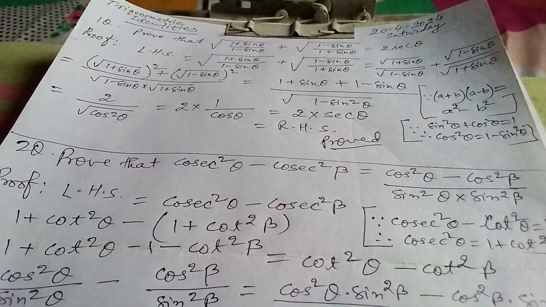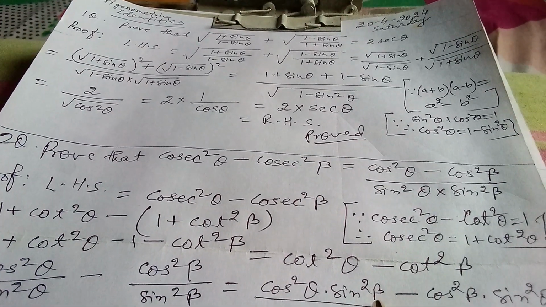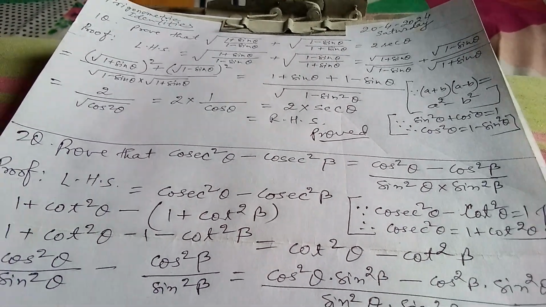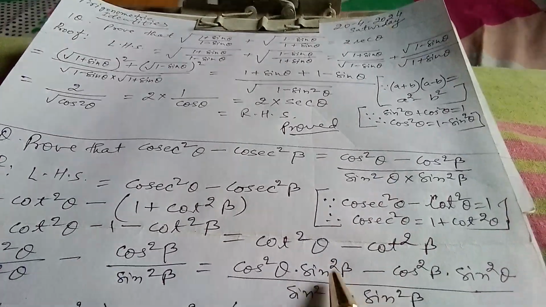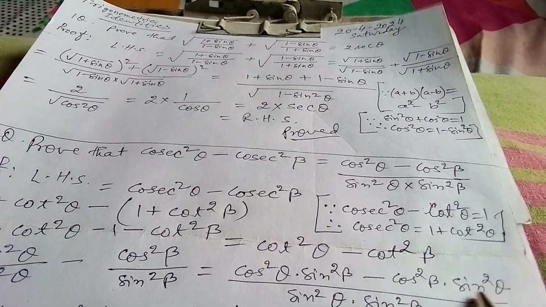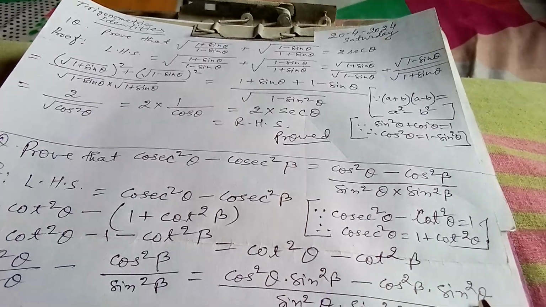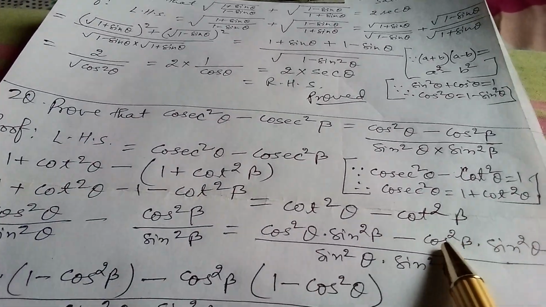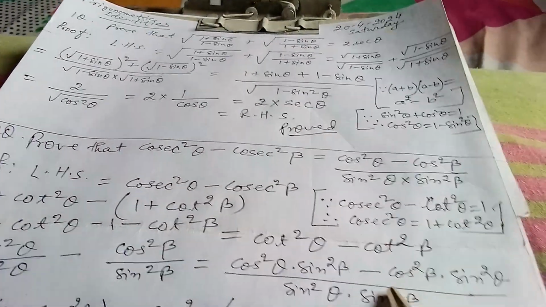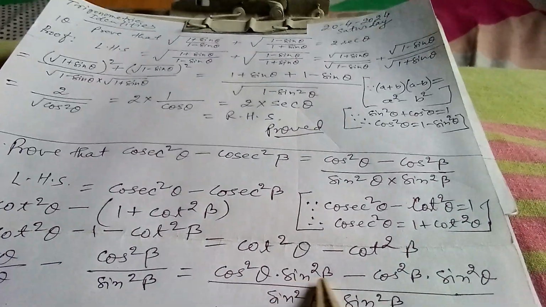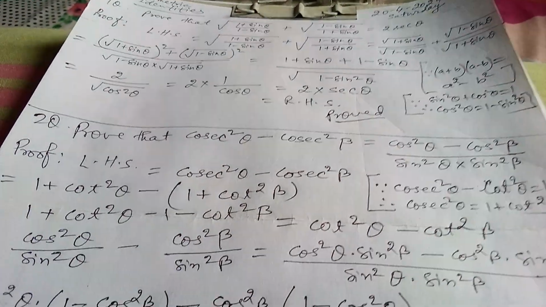And now, since sin square beta equals 1 minus cos square beta, in the numerator the sine is converted into cos, because we have to bring only cos in the numerator. That's why instead of sin square beta, we are writing 1 minus cos square beta.